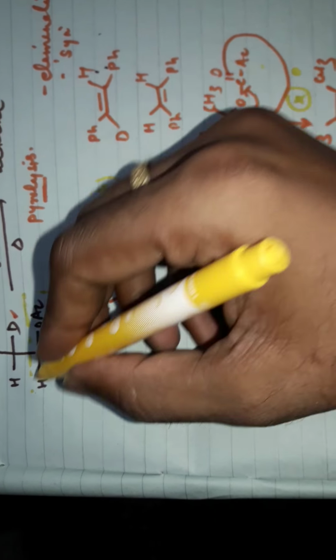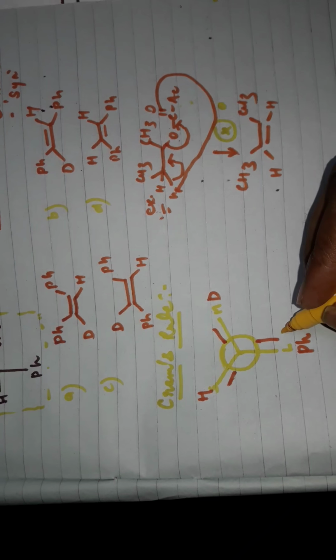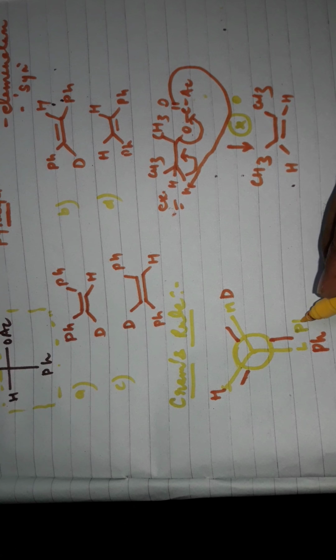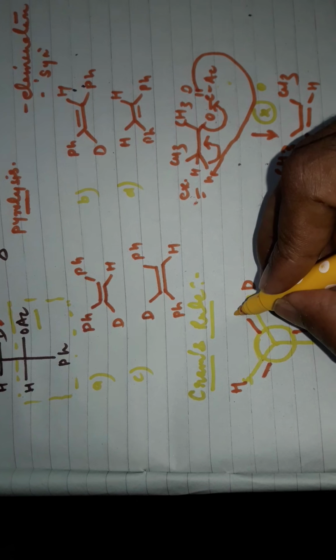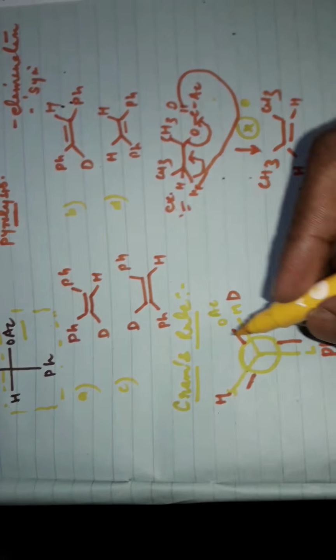In this we will choose which is larger, which is medium, and which is small. So if you see here, this is larger, this is medium, and this is small.